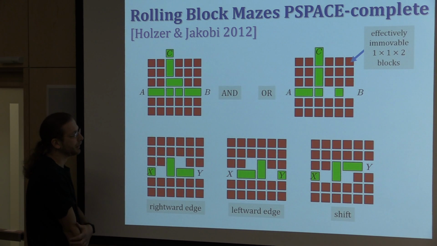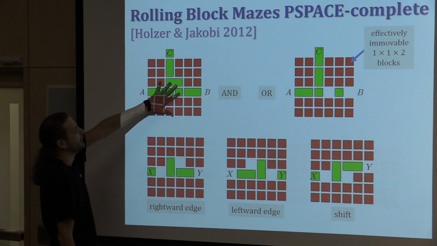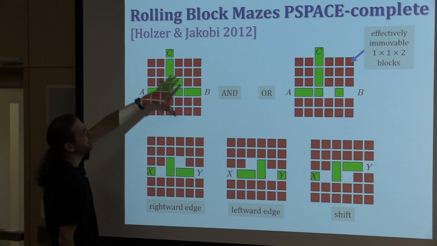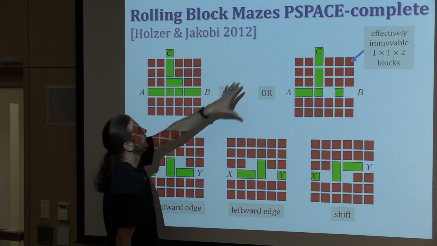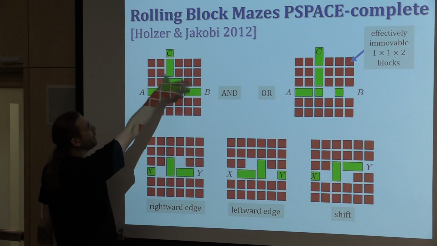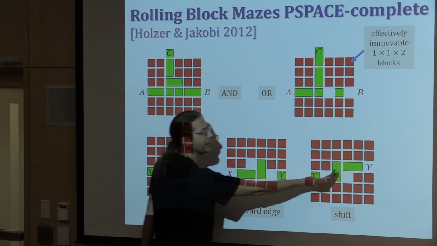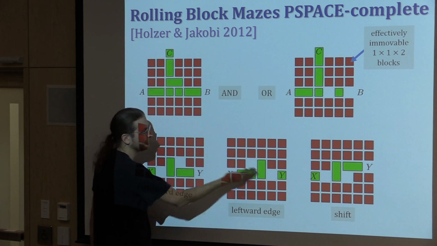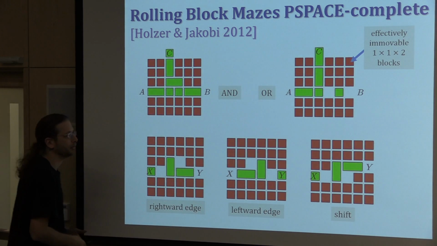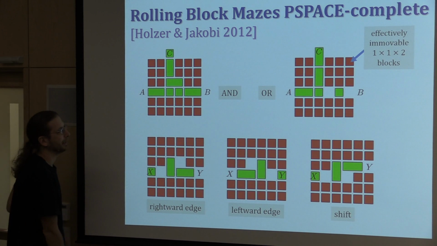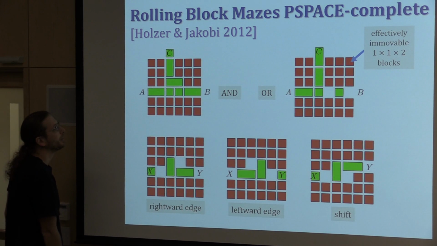In this proof, it took me a while staring at these gadgets to think, do these actually fit together? This fits together, but if I rotate this one 180 degrees, the A's will not match up. And so you need a shift gadget. And you also need straight gadgets for just communicating information without any stuff going on.